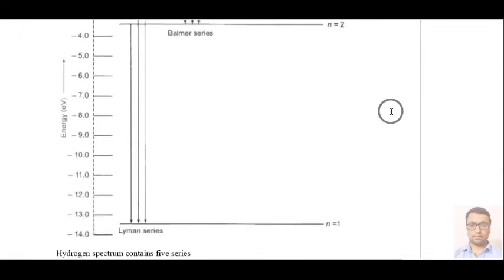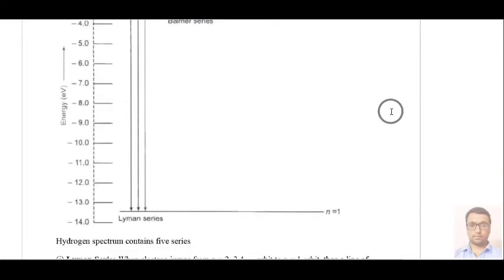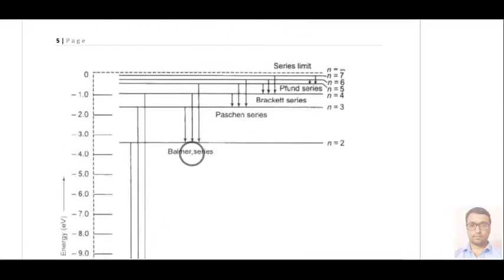So in hydrogen we have these many series, these many line spectra. The first series is for n equal to 1, that is called the Lyman series, and after that we have n equal to 2, that is called the Balmer series. For n equal to 3 we have the Paschen series, then n equal to 4 we have Brackett, then Pfund.